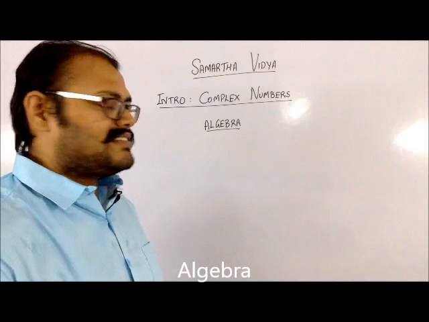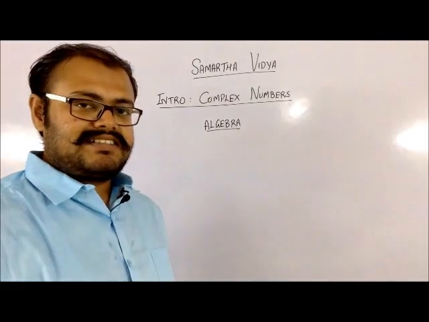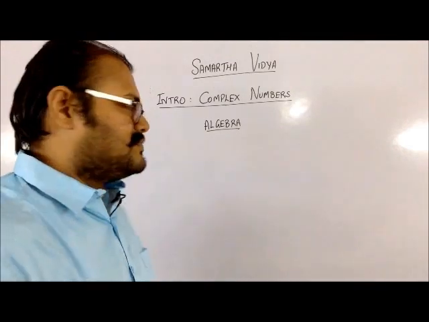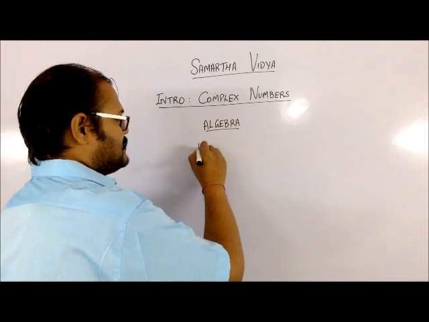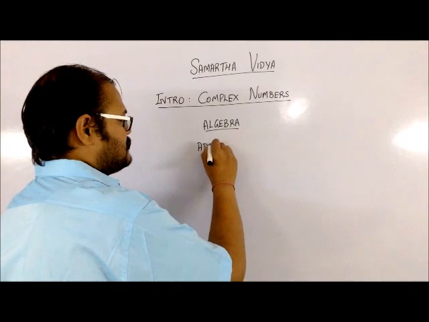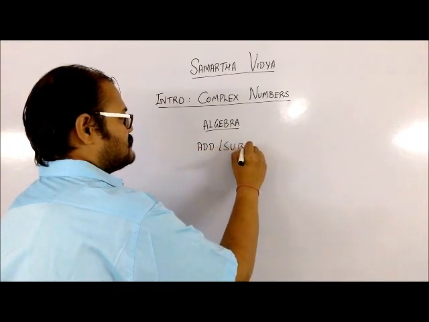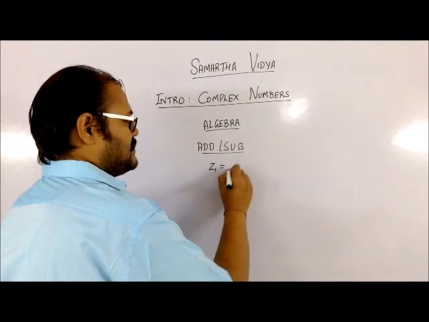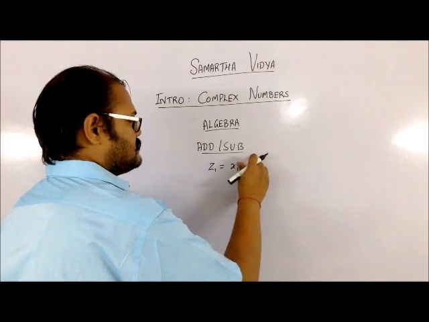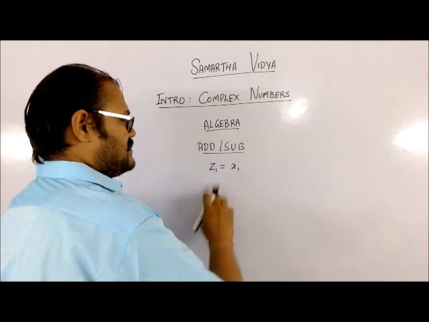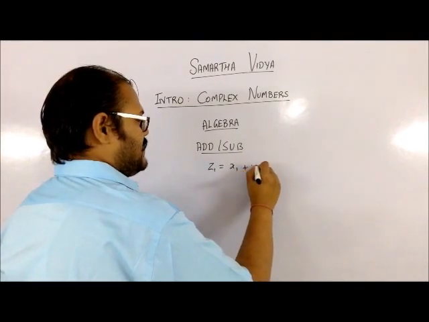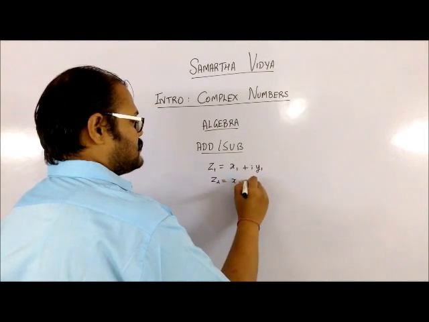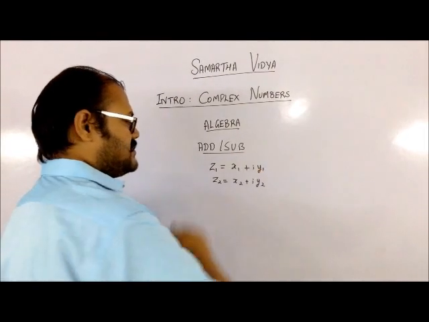In the algebra of complex numbers, we are going to see the subtraction, the addition, the multiplication and the division of any two complex numbers. First let me see the addition and the subtraction together. I am defining z1 is equal to x1 plus i y1 and z2 as x2 plus i y2.